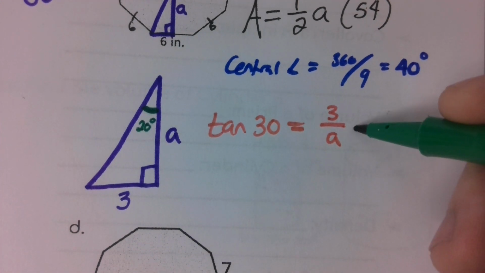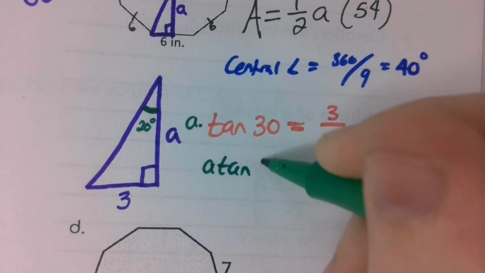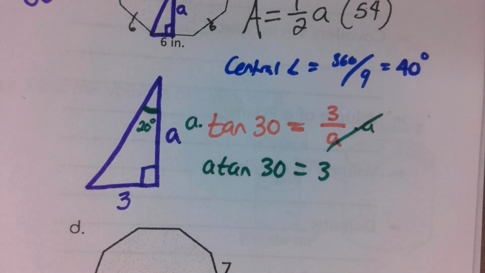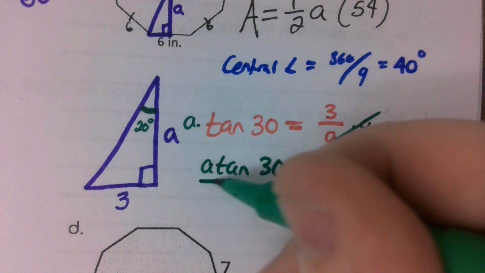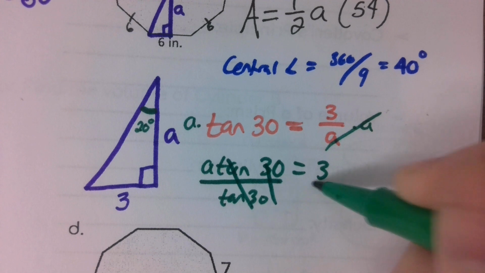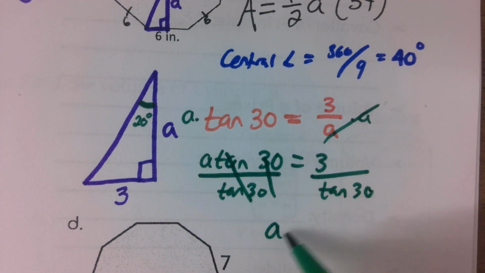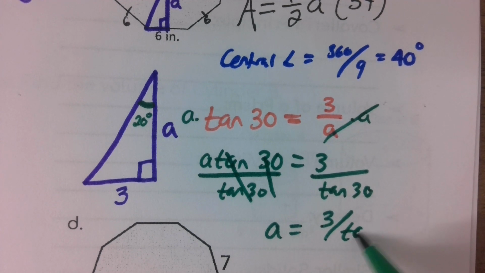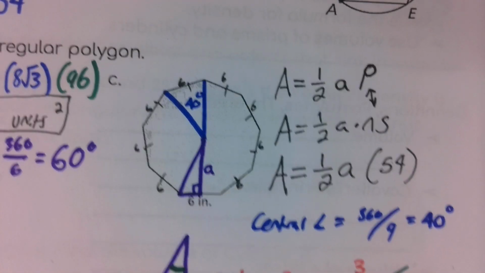We want the A out of our denominator, so let's multiply by A on both sides to get A times the tangent of 30 equals 3. All we have to do now to get A by itself is divide by the tangent of 30. Divide by the tangent of 30 on both sides, and we get A equals 3 over tan 30. That's it. We have the last thing we need to plug in.